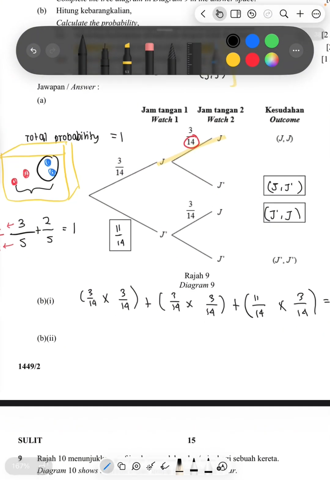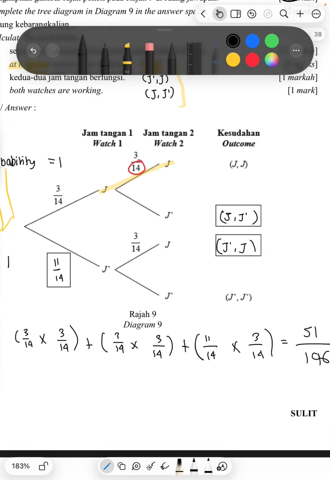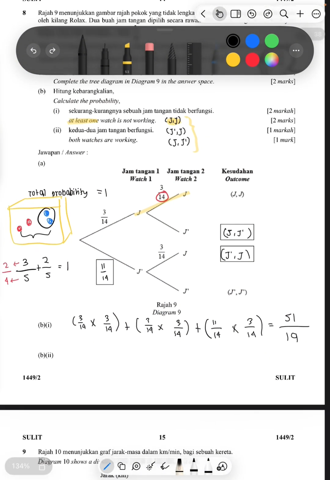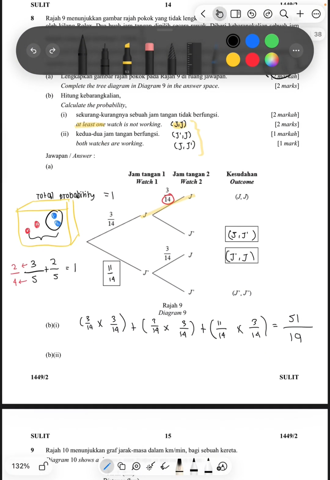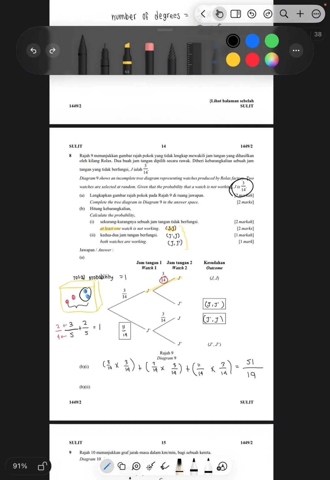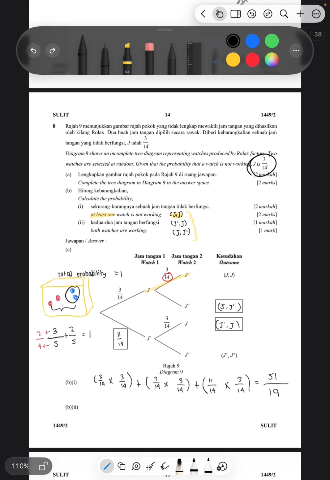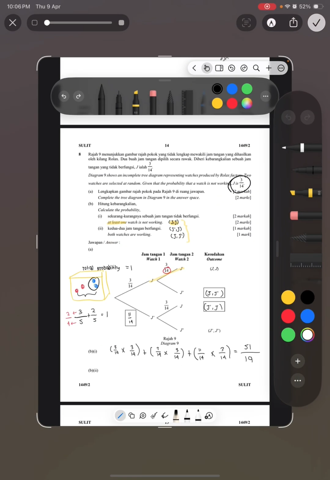Sebab hari tu I did it, they did not include this. They just counted for these. But today I did probability with my teacher, and at least one means that even if both of them are still there, it's still acceptable. So I want to recheck this.